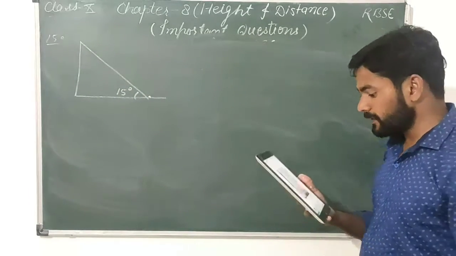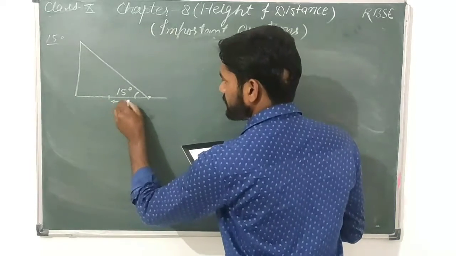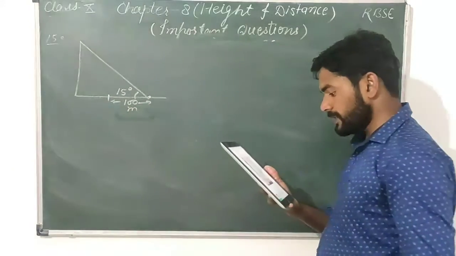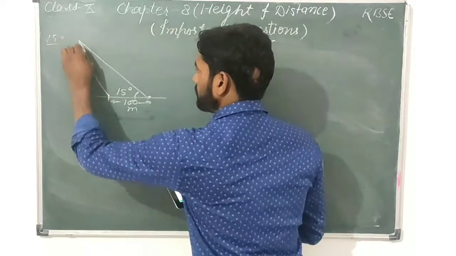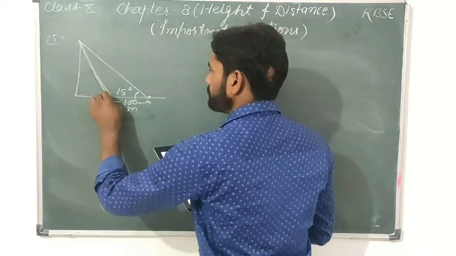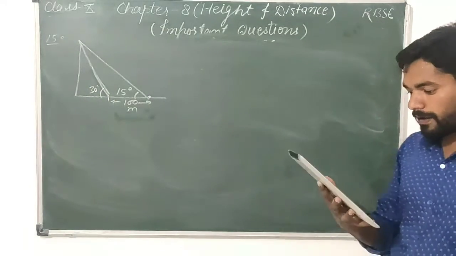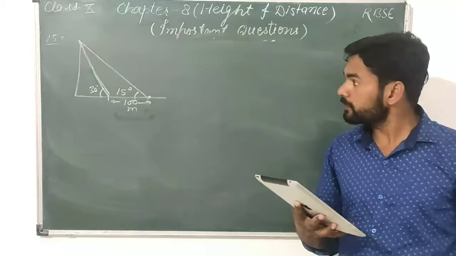On walking 100 meter towards the pillar, means from this point, coming here, this distance becomes 100 meter. The angle of elevation becomes 30 degree. Then find the height of the pillar.